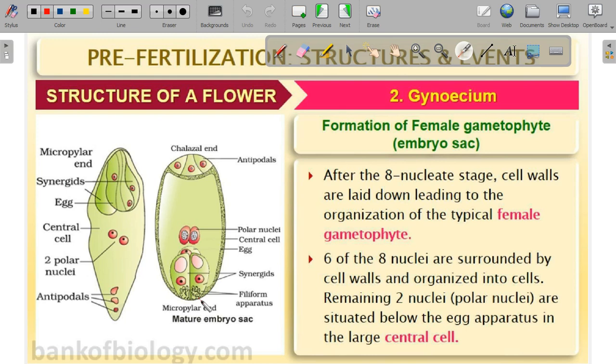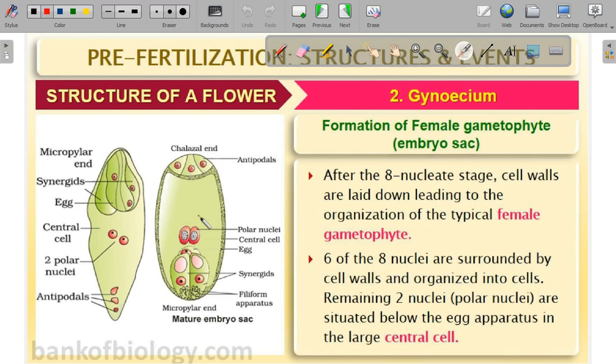Sperm can travel anywhere, so the secretion from the ovary or the released ovum attracts the sperm by some chemicals. Similarly, the filiform apparatus guides the pollen tube. Otherwise the pollen tube would have to travel a long path and might fuse anywhere, even with the chalazal end, which would make it polyembryonic.